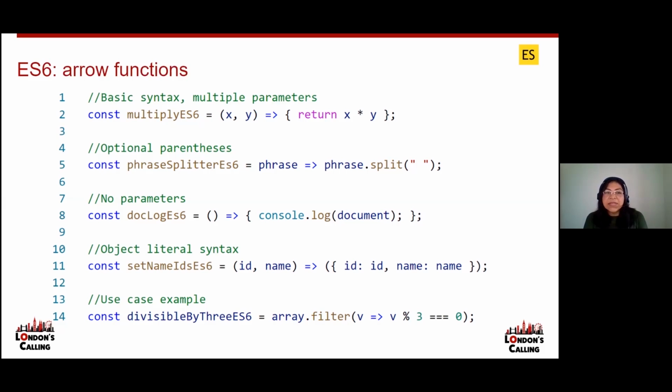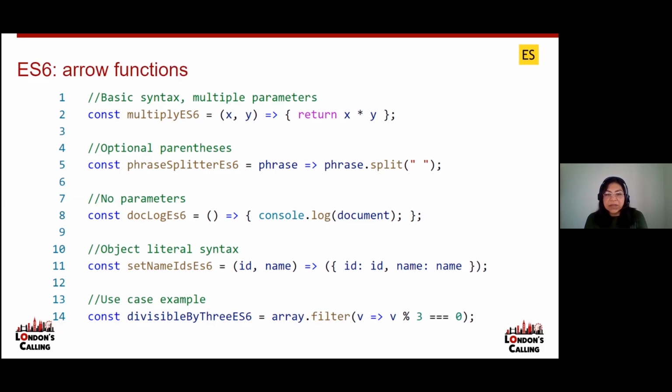If you don't have parameters, like in line number 8, you just use the parentheses as an empty pair. And if you want to return something that is an object, you have to use parentheses around the definition of the method.